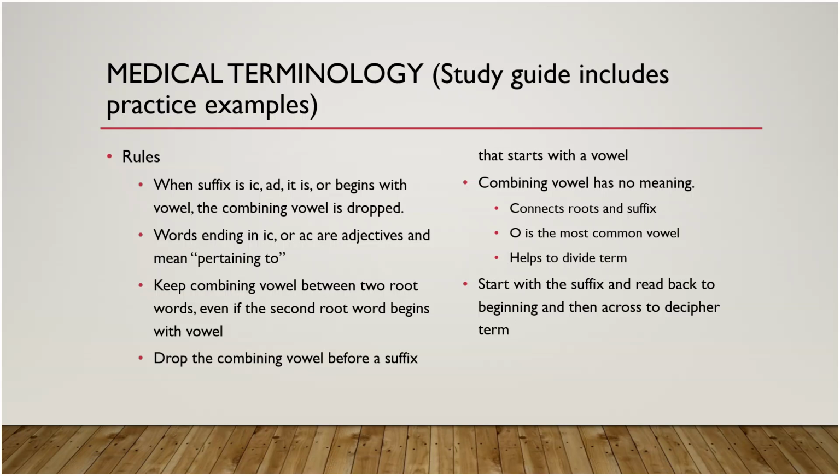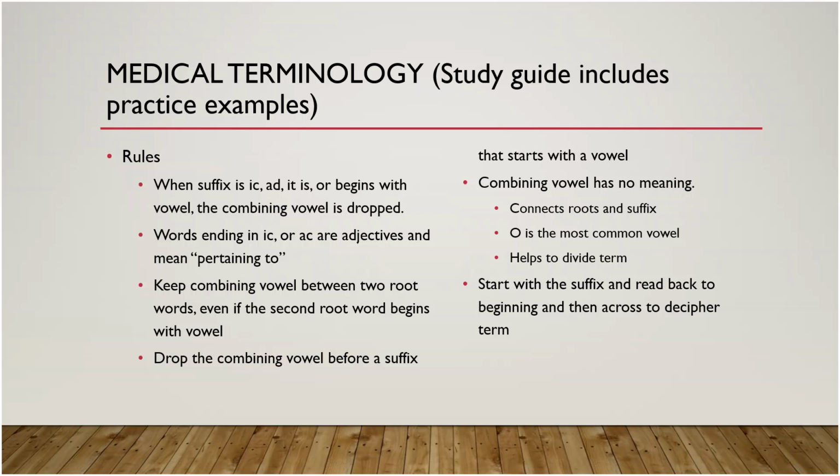Keep the combining vowel between 2 root words, even if the second root word begins with a vowel. That's for enunciation and pronunciation. Drop the combining vowel before a suffix that starts with a vowel. Again, we don't want those 2 vowels.